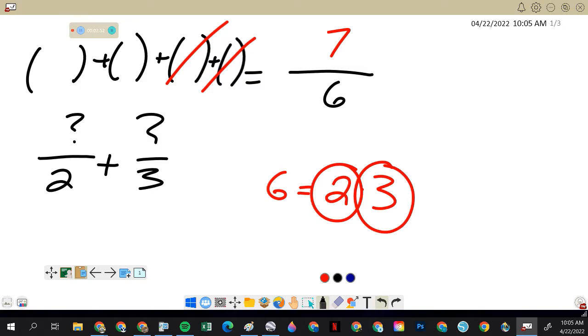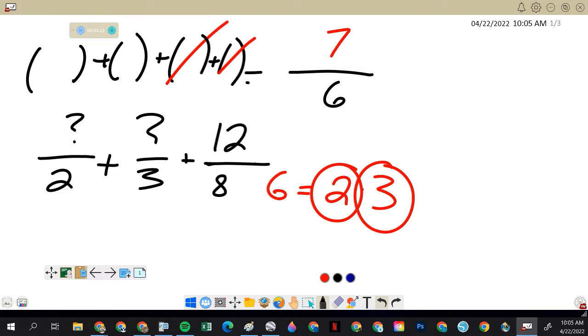How do I know that it's not something over, say, 8? How do I know that's not one of them? 8 does not go into 6. But what if it was, let's say, 12 over 8?